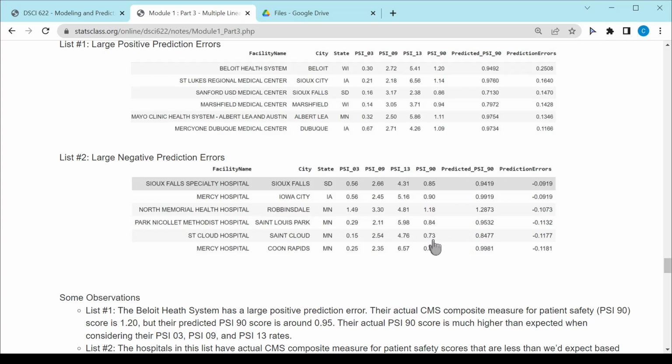I think we saw that on our list earlier in the simple linear regression module. Their actual was 0.73, predicted to be about 0.85. Again, they're under what they should be. So what we really want to worry about, or at least from a modeling perspective, is not so much what these values are, but how much lower or larger these values are from what I expect.